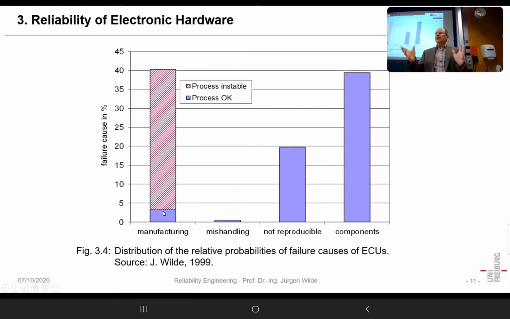is that if you do proper manufacturing, the portion of failure causes is very low. Your production is under control.